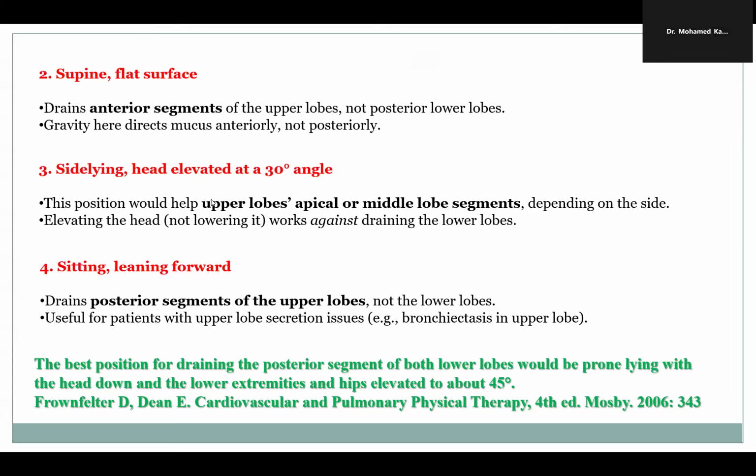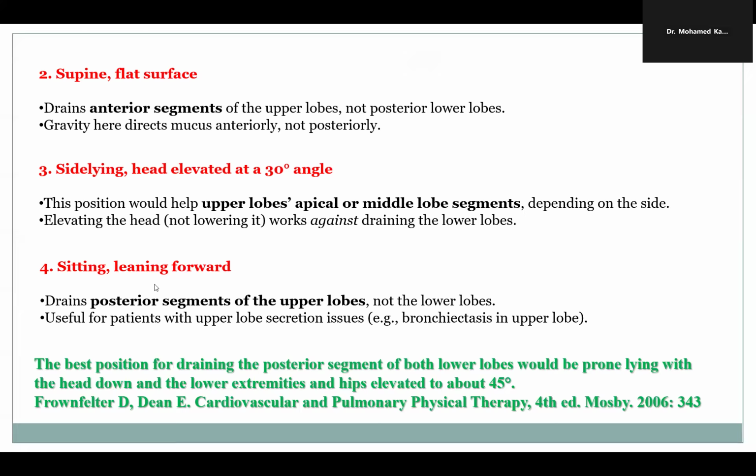This position will help upper lobes apical drainage or middle lobe segments, depending on the side, because you know that there is no middle lobe on the left side. We have only upper lobe and lower lobe. So we elevate the head, not lowering it. This works against draining the lower lobes.